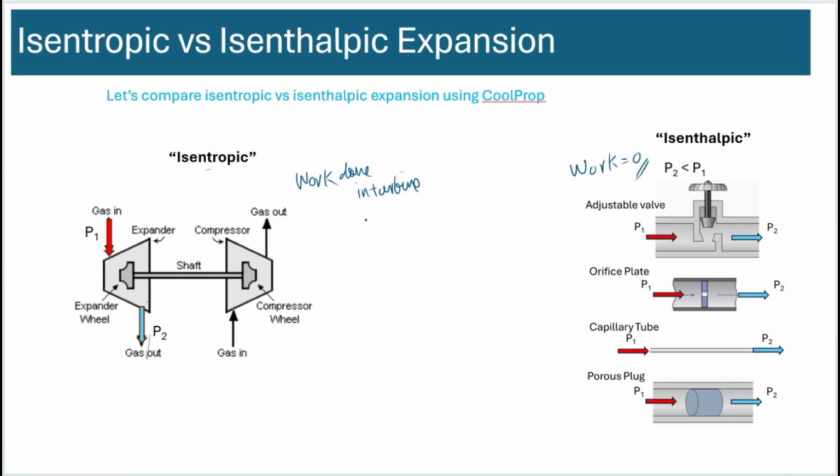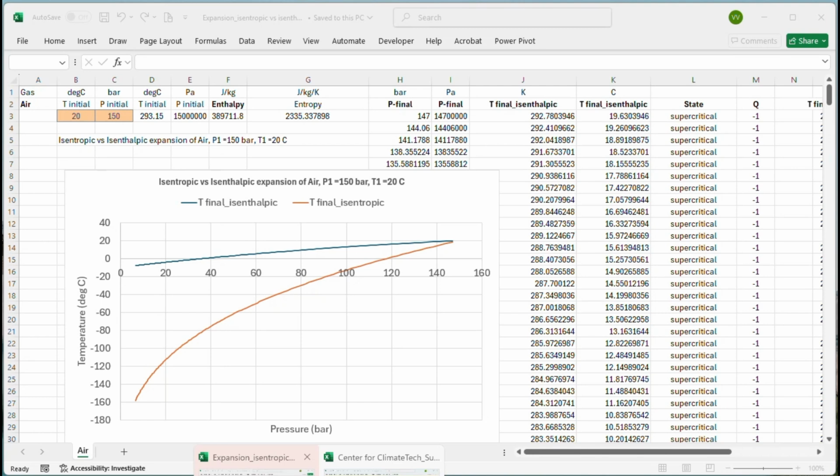Okay, so based on this fact, let's use CoolProp and try to understand if isentropic expansion is better than isenthalpic or vice versa. Which one will cause a bigger temperature change?